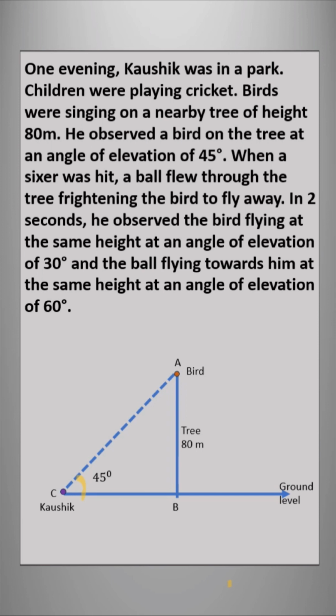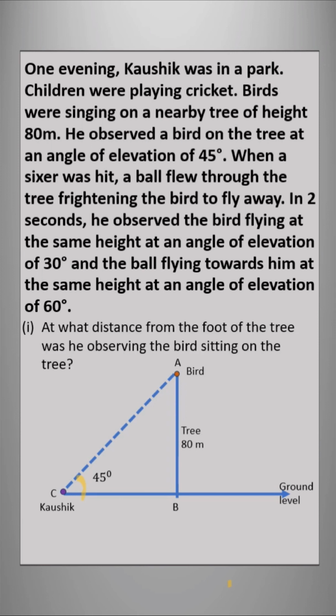Here arises a question. At what distance from the foot of the tree was he observing the bird sitting on the tree? We have to find CB. Now, in triangle ABC, tan 45 is equal to opposite side by adjacent side.